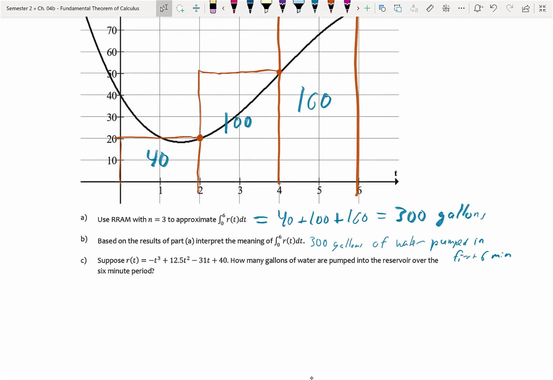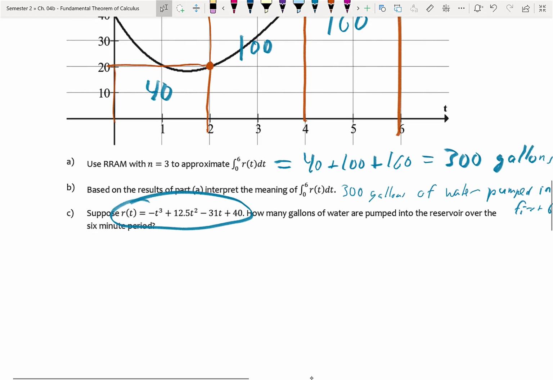Then it gives you R of t is equal to this function. So it's moving you away from the graph and moving you toward the function. How many gallons of water are pumped over the first 6 minute period? What does it want you to do here? It gives you this curve. It wants to know how many gallons of water are pumped.